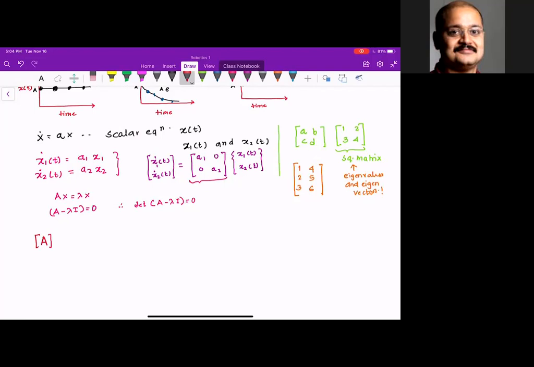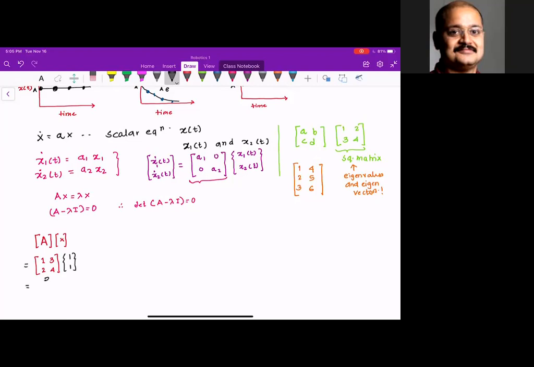This is a matrix. And what I'm going to do is multiply this matrix by a vector x. So what do I mean by multiplication by a vector? I have this matrix 1, 2, 3, 4, and I'm going to multiply it by a vector 1, 1.